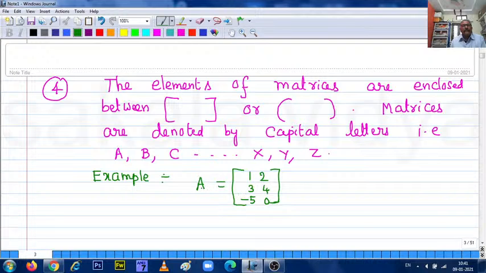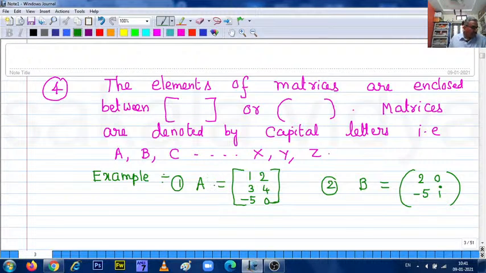It's called the A matrix. How many rows? It has 3 rows and 2 columns. Second example, you can write matrix B equals 2, 0, minus 5, i. This is also a matrix. So a matrix is denoted by capital letters. Understood now?